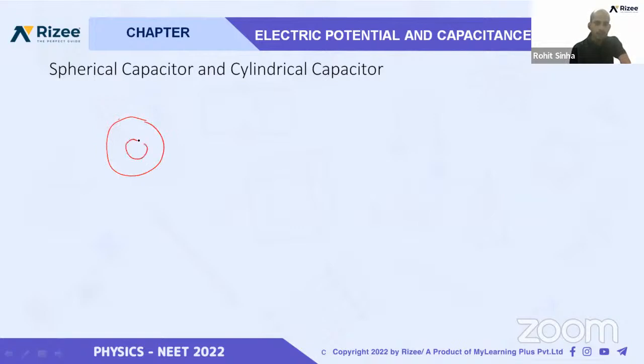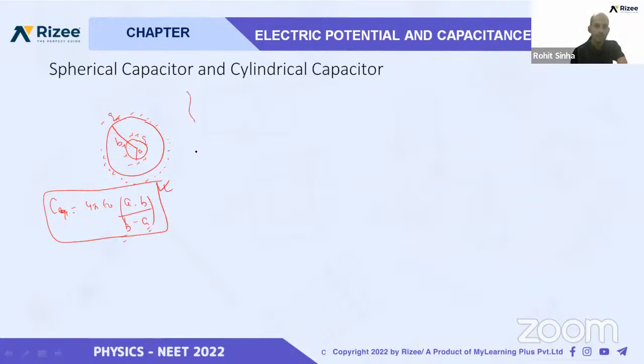The inner solid sphere has a positive charge of plus Q. The outer sphere is just like a shell and has a charge of minus Q. Let the inner radius be A and the outer radius be B. Then the equivalent capacitance is 4 pi epsilon naught A B by B minus A. This is the formula of a spherical capacitor with outer radius B and inner radius A. You should remember this formula directly.